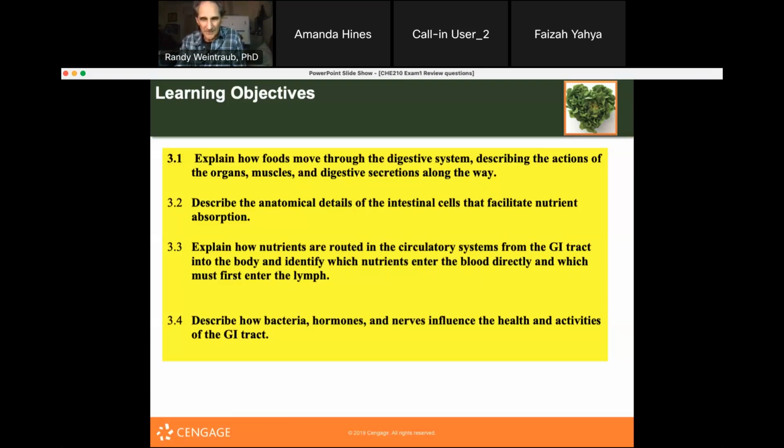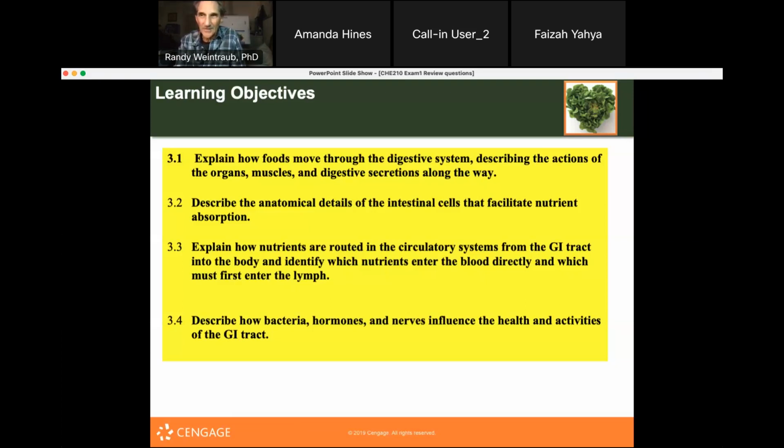Lymph is for lipids or fats and fat-soluble vitamins to a large extent, because fats, you can't just throw them as they are into the vascular system. They need to be carried along.